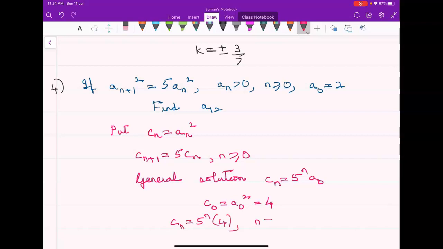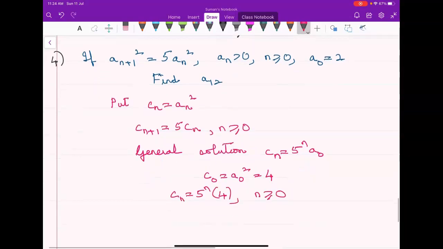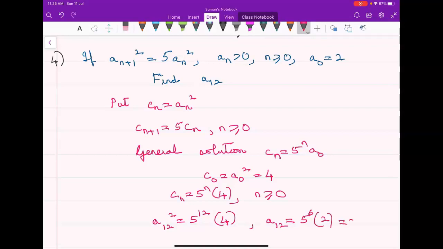Now we want to find a_12. So a_12 squared will be 5^12 into 4. And a_12 will be the square root of this, that is 5^6 into 2, and when you multiply you would get it as 31,250.